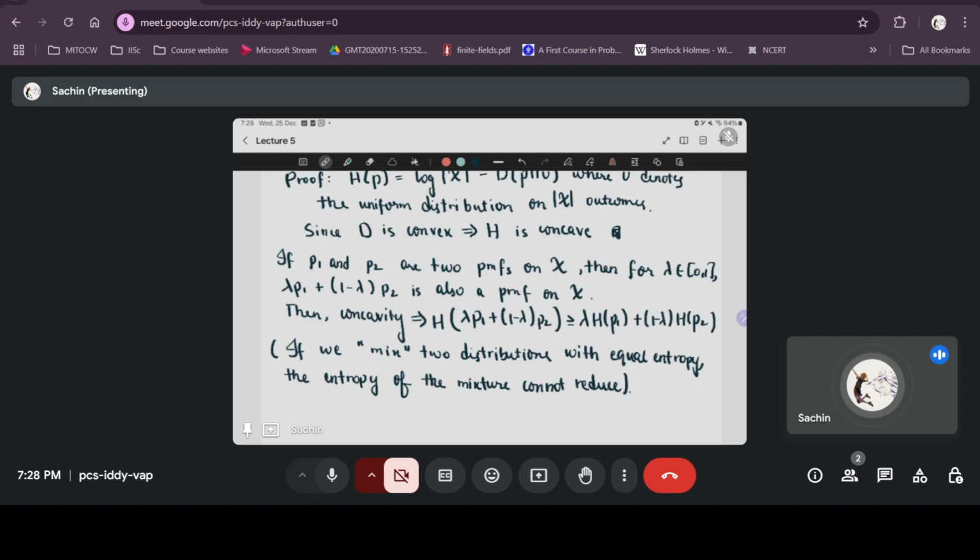So now the coin itself has some probability of falling heads and tails. So that is given by lambda and 1 minus lambda.